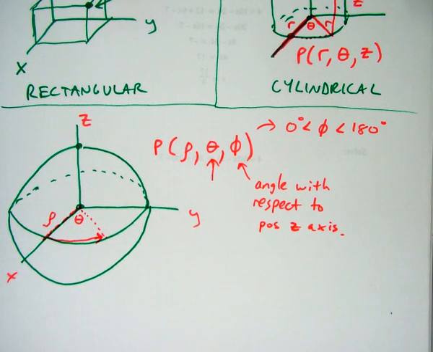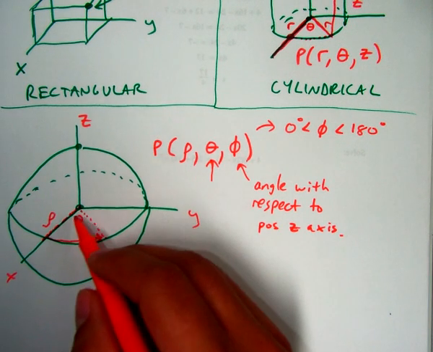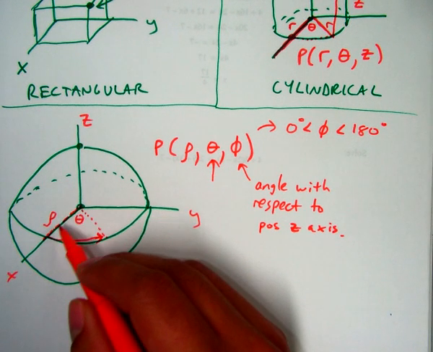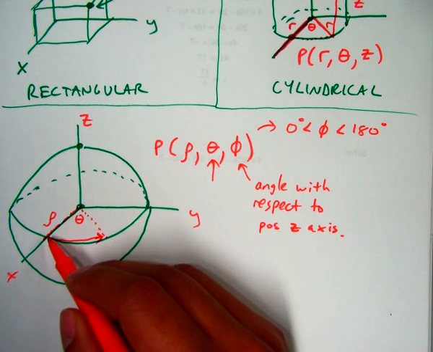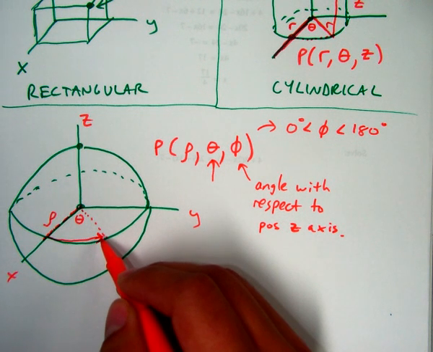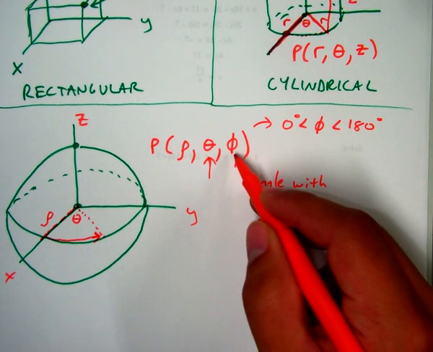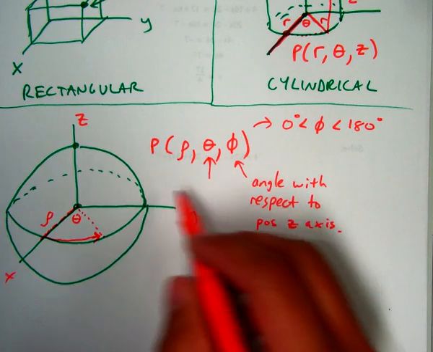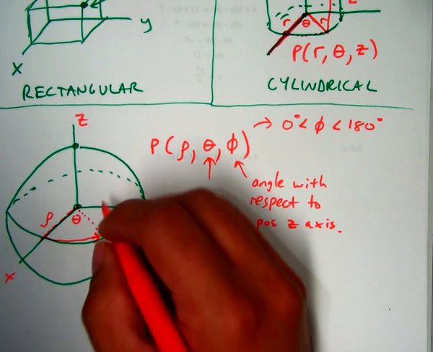Sure. So you start at the origin, you go out a radius rho, you rotate theta, just like we do in polar, and then this last variable, phi, is defined as the angle. Let me draw this in. Let's say I rotated up here.